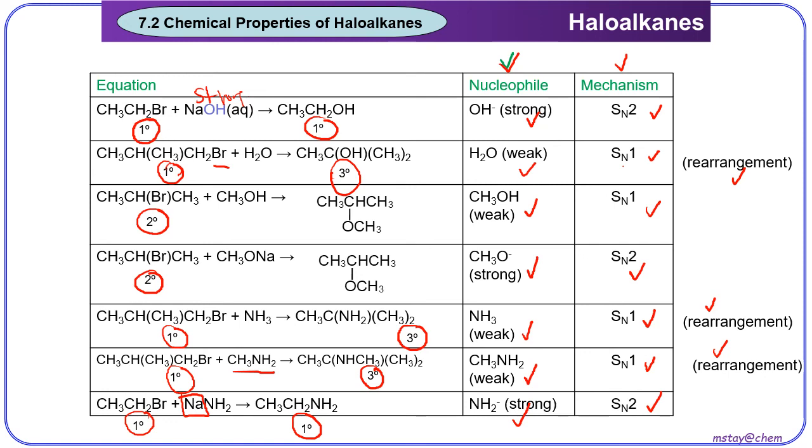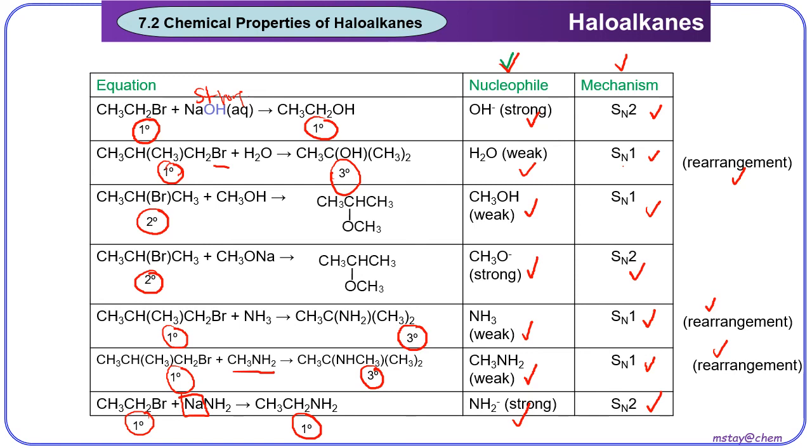Okay, so with this video, I hope you roughly have the idea of the difference between Sn1 and Sn2, how you know the nucleophile is strong or weak nucleophile, and then based on the class of the haloalkane, you will be able to determine whether the haloalkane undergoes Sn1 or Sn2.